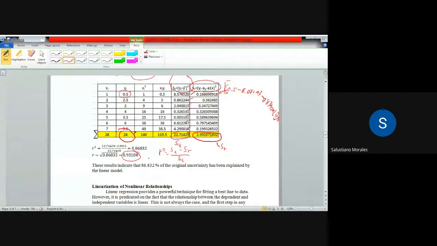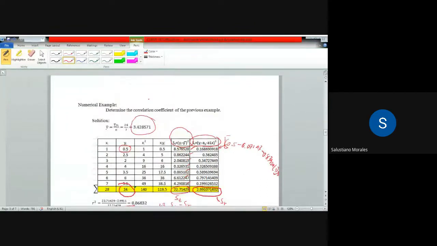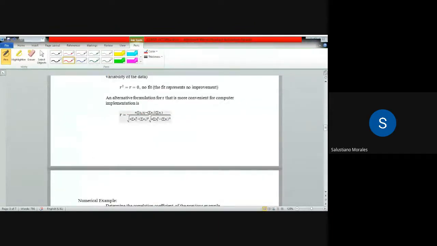So we can use this to determine how well our calculation fits. You can also use the other formula for direct computation. This one, where R is equal to this, because in this case we have already solved almost all of these values.